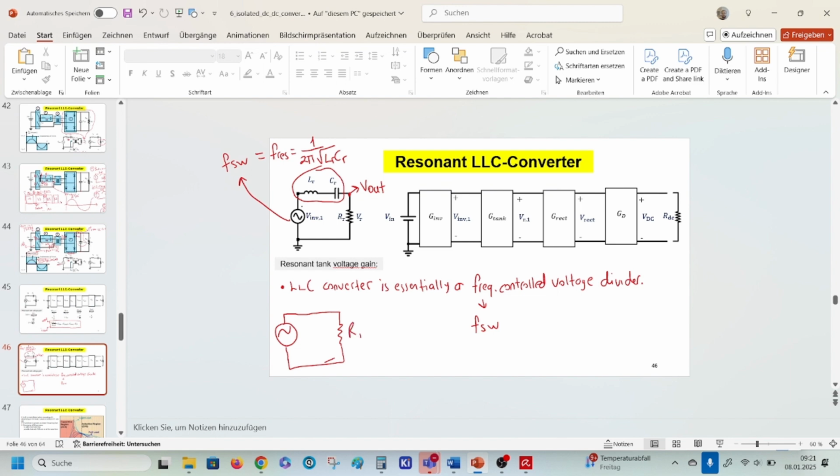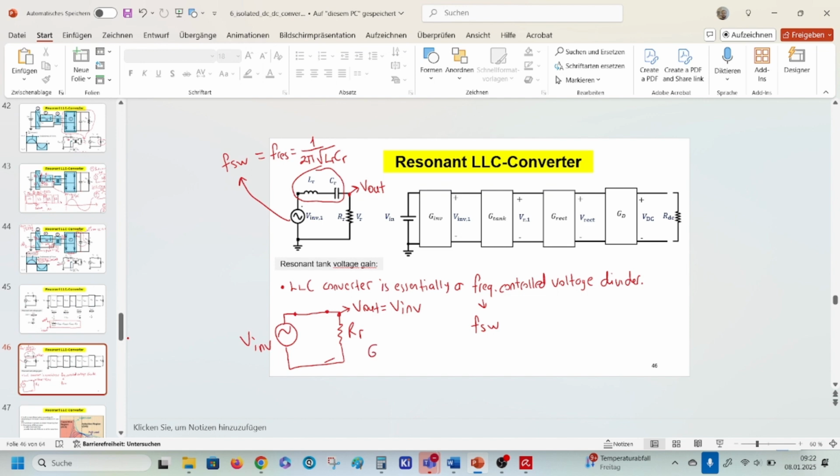This is our reflected resistance. This is a shorted form of resonant tank, and the output voltage would be equal to input voltage, or let's say inverted voltage.